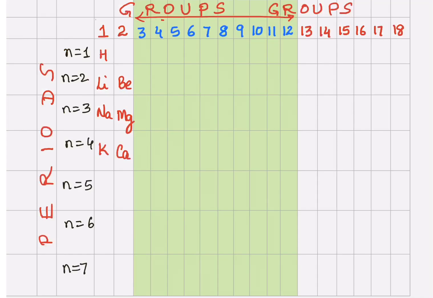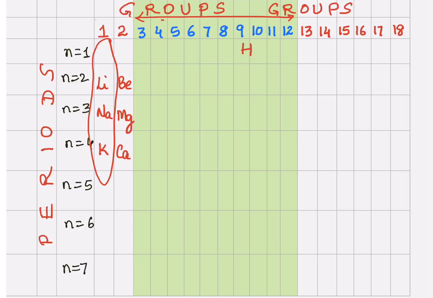So what do we do over here? If you notice, our column over here has got all the alkali metals, of course, except hydrogen. And hydrogen also in the modern periodic table is actually placed in the middle. It neither belongs to alkali metals nor to halogens.